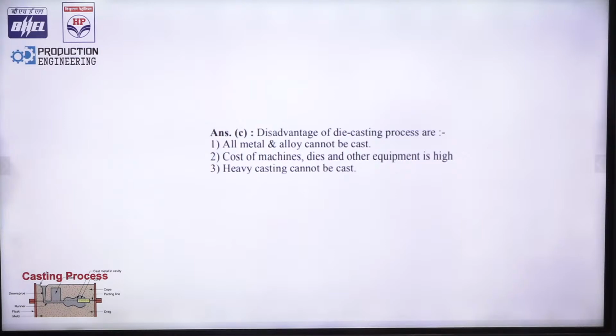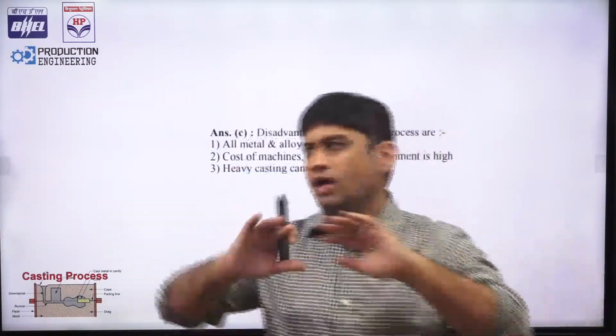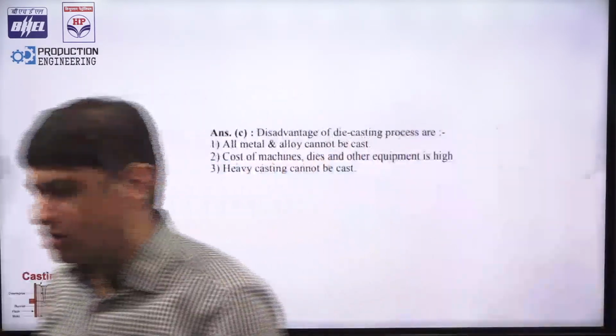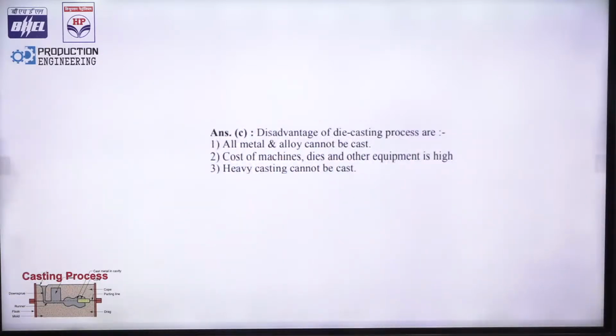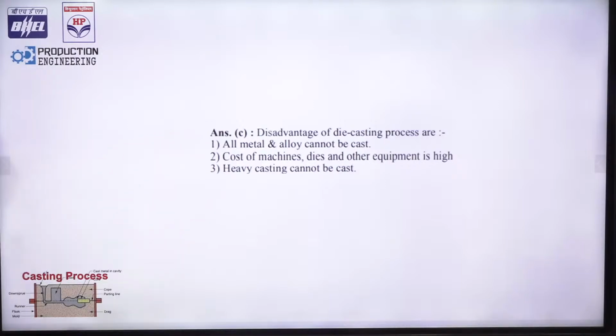Surface quality is good, but not all materials can be cast. Die is a very costly thing. A large size die will be a very costly affair. You cannot make that big a die. The cost will be very high. So these are the disadvantages of die casting processes. You should know them.